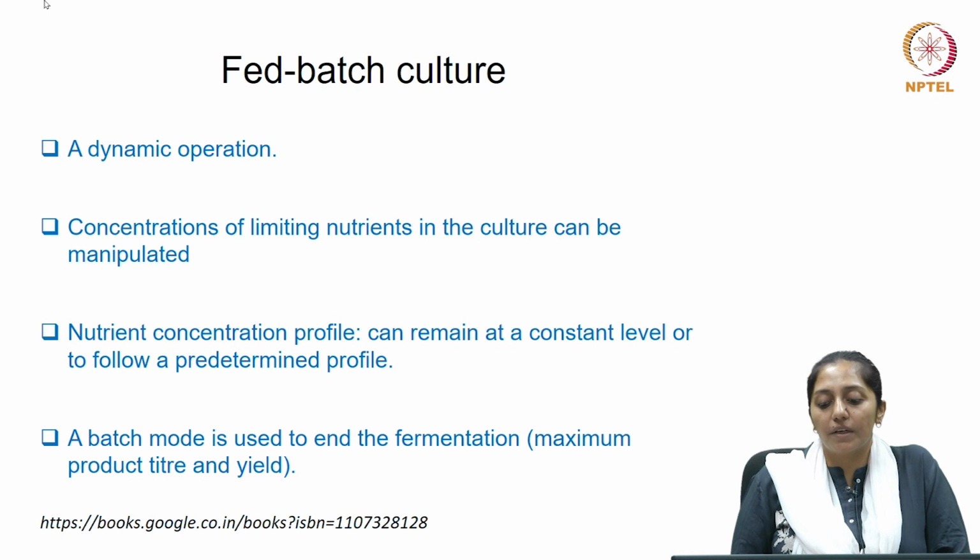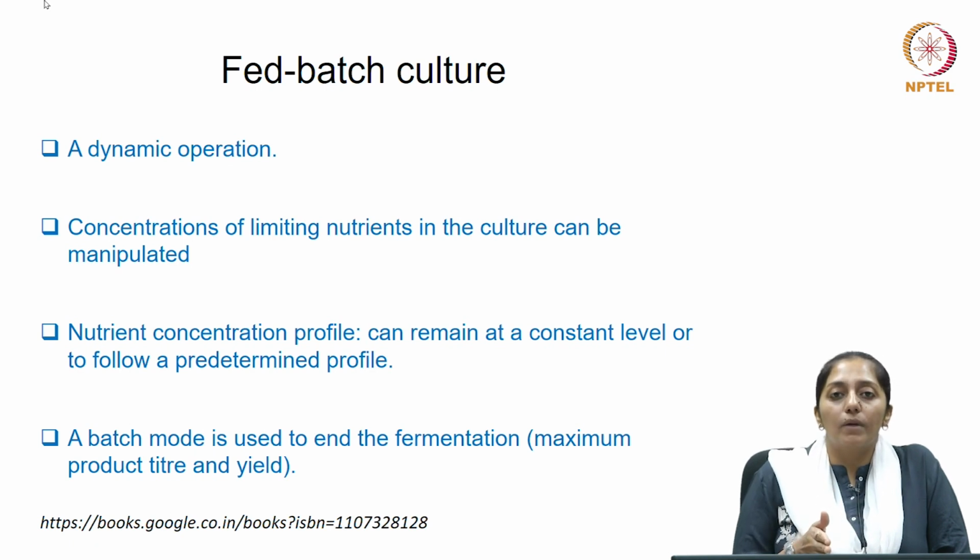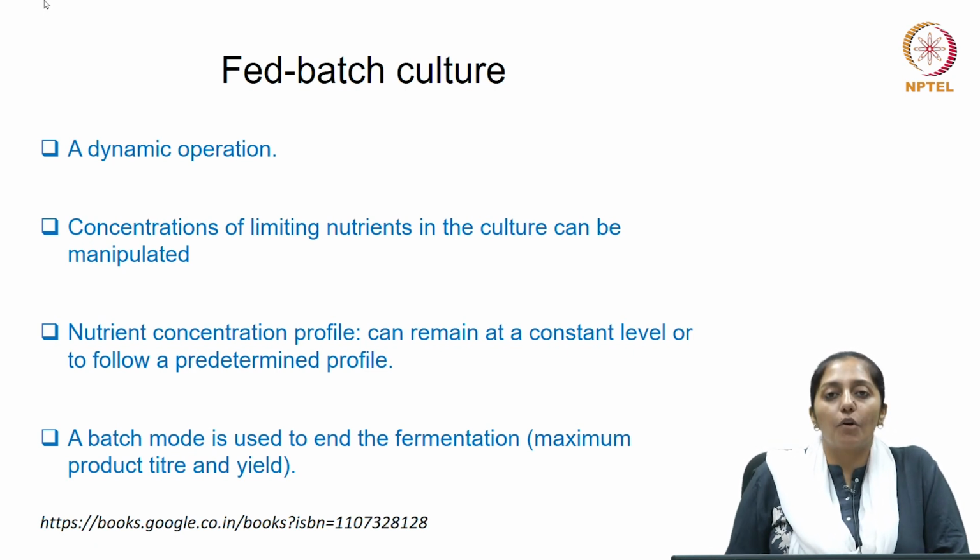Concentrations of the limiting nutrient in the culture therefore can be manipulated. Now the feeding can be controlled in a manner such that the nutrient concentration inside the reactor can be controlled at desired levels. Generally, a batch process is initiated and then it is converted to a fed batch process till the harvest to achieve maximum product yield and titers.